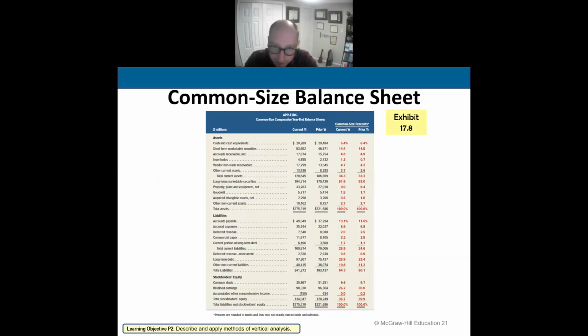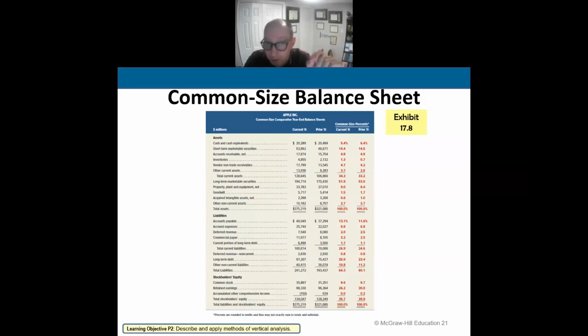I do that for every single item and every single year. It's very easy to do this in Excel if you have the information in Excel. It's a matter of plugging it in and filling it out. Very simple. It's all formula driven. So anyway, we can see the percentages for each year, and we can actually do a trend analysis doing this.